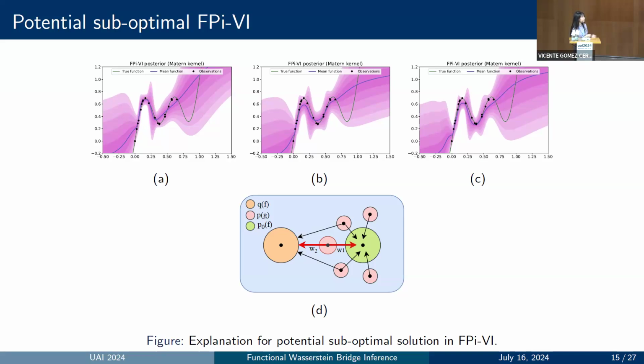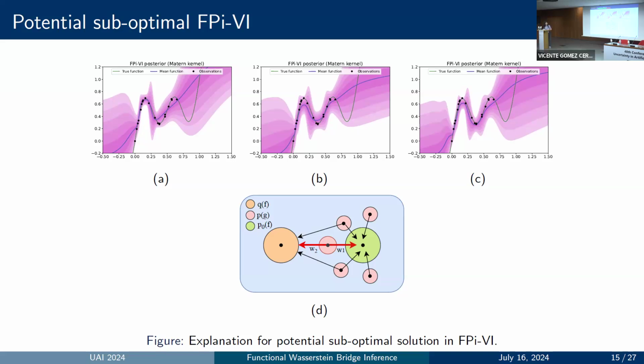We illustrate such suboptimal FPI-VI using this 1D toy example. Specifically, we use the one-Wasserstein distance as the loss to find three P of W_B, theta_B star, with the same preset distance to the given GP prior. And we run the second step of the FPI-VI using those three P of W_B, theta_B star.